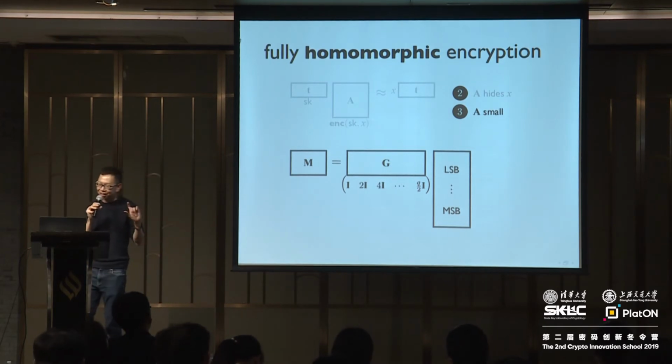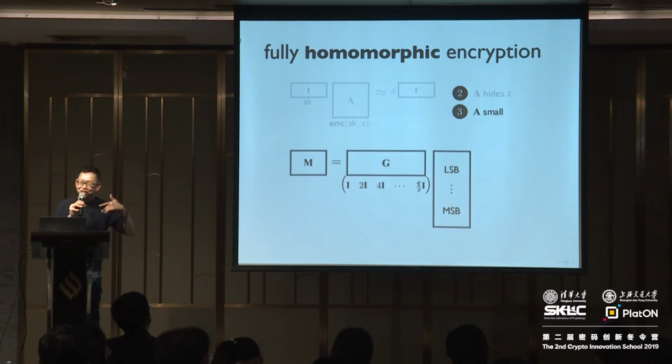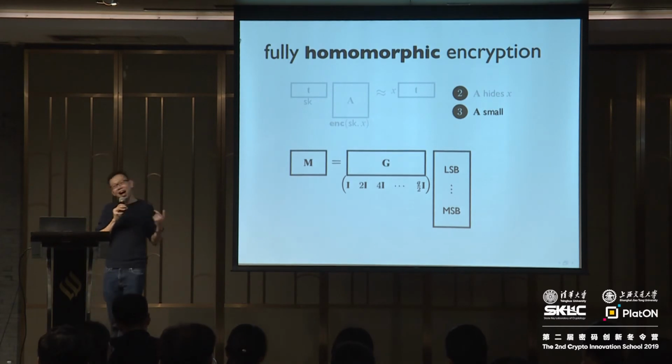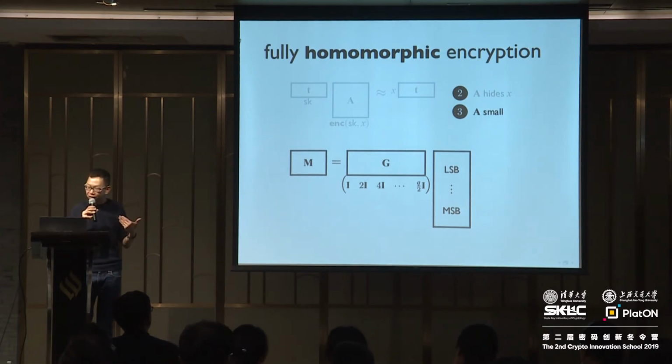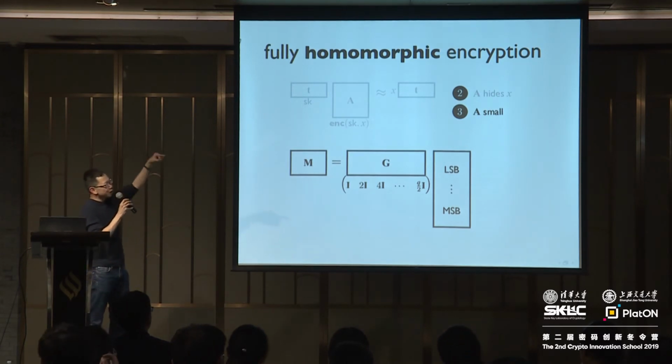This G is not the same G as the generator matrix of the error correcting code that you saw before, but this G is the following fixed matrix: I, 2I, 4I, up to q/2 times I. So the height is the same as the height of M, and the width is log q times the width of M. It's easy to check that if you multiply G by this binary representation of M, you get back M.